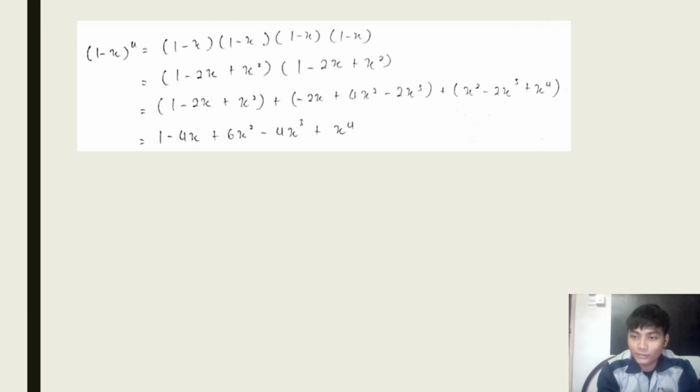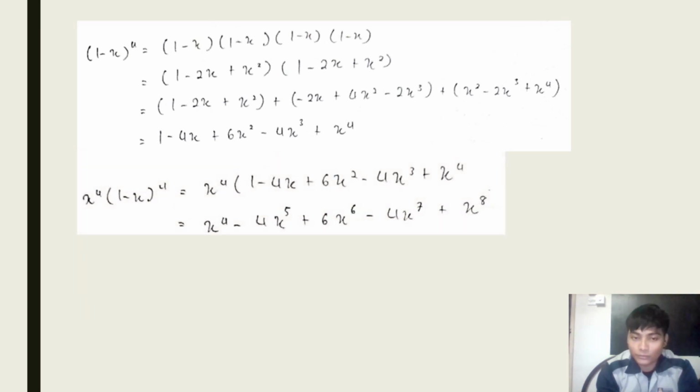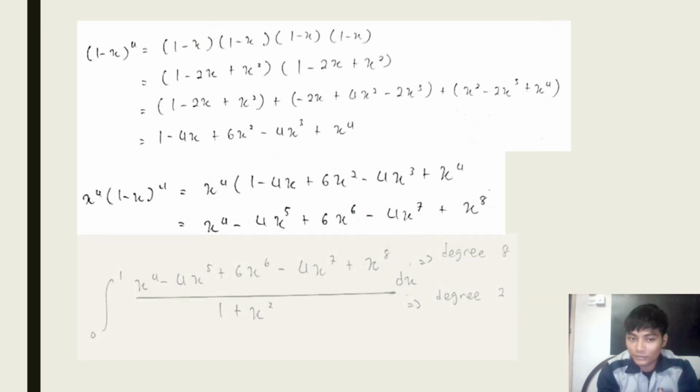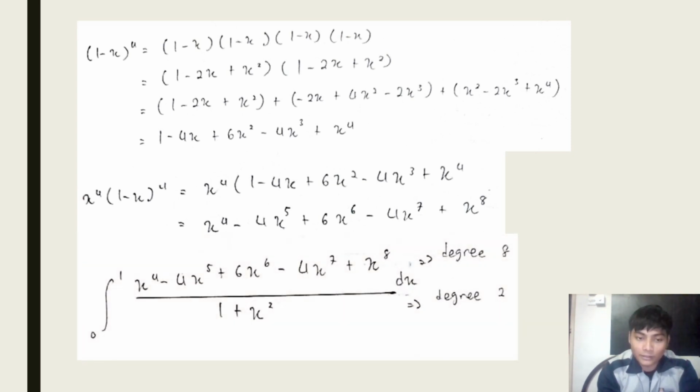And then after that, we multiply it by x power 4, and we will get x power 4 minus 4x power 5 plus 6x power 6 minus 4x power 7 plus x power 8. After we simplify this, we put it back into our original equation, which is x power 4 minus 4x power 5 plus 6x power 6 minus 4x power 7 plus x power 8, divided by 1 plus x power 2.